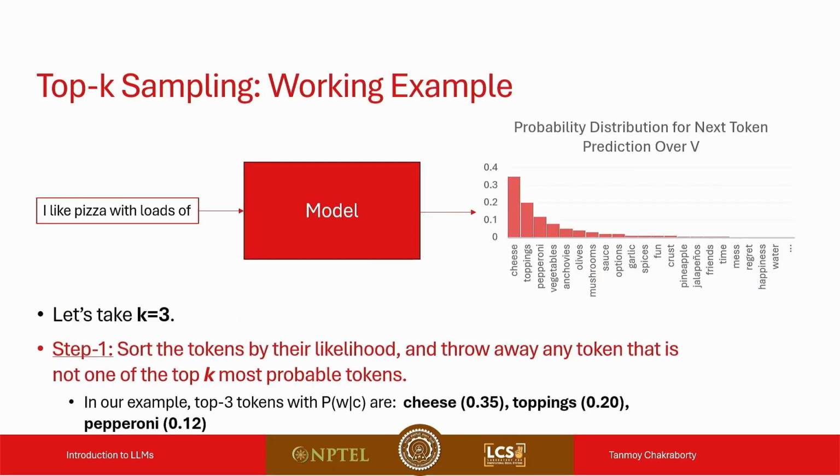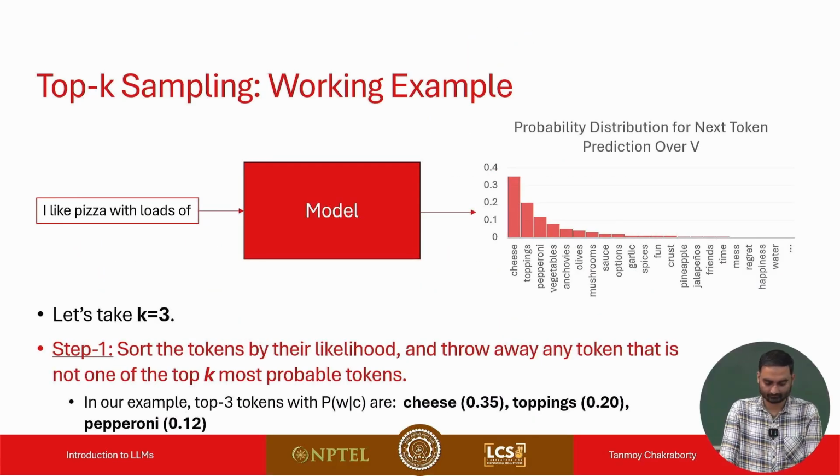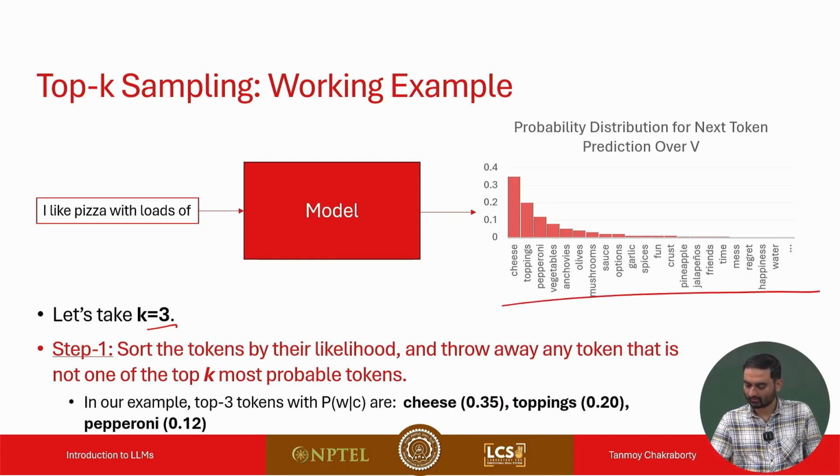Okay, let's look at an example. Let's say k is 3, right? So this is my entire probability distribution. You choose the top 3: cheese, toppings and pepperoni, and these are their probabilities.